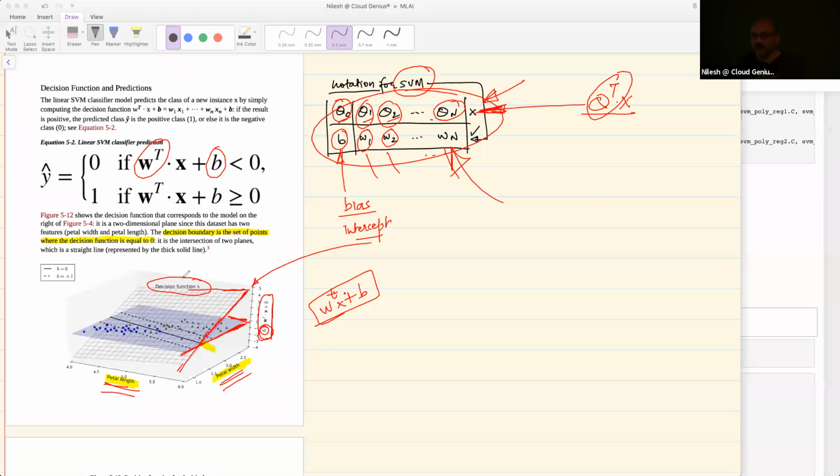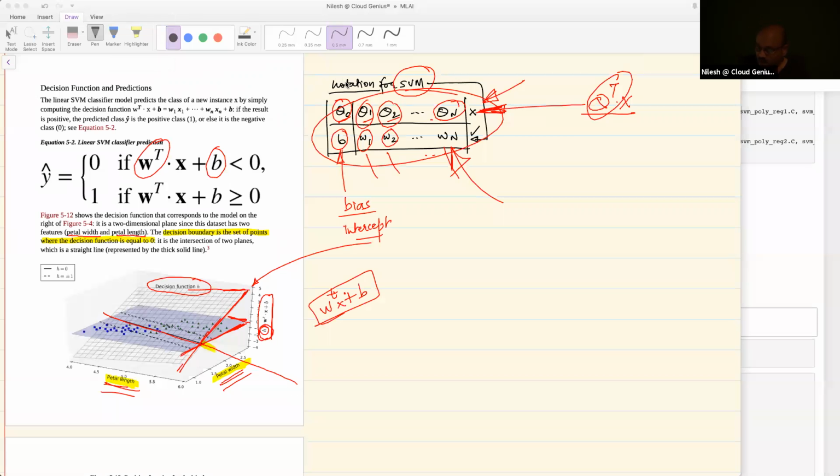Those two planes are intersecting, and that's not a point, it's a line. So the line of intersection is this line here, and that is your decision boundary. So in a three-dimensional space, the decision boundary is a line in which the two planes cross each other. And that's what you're looking at in these two features, the petal width and petal length.